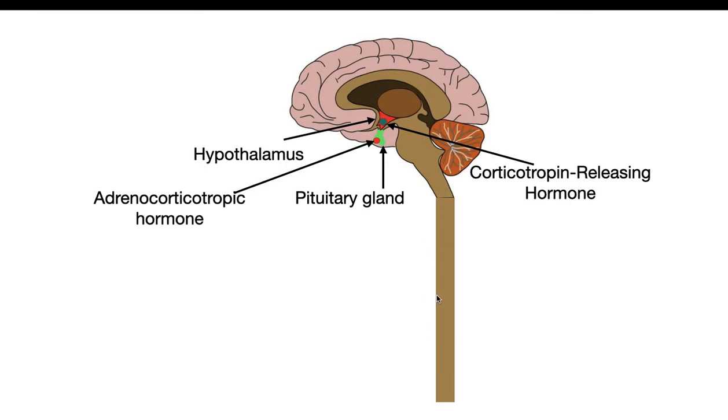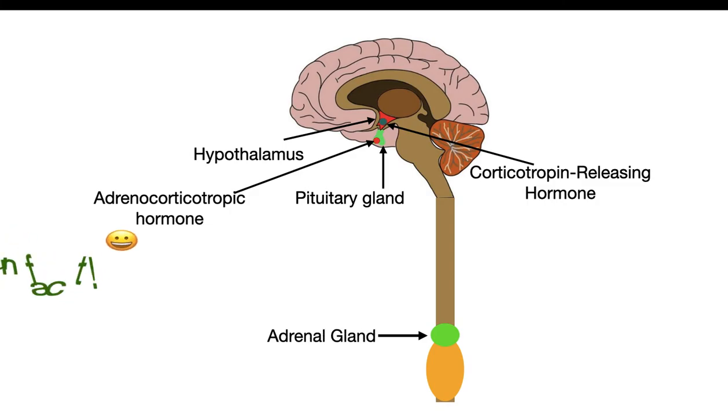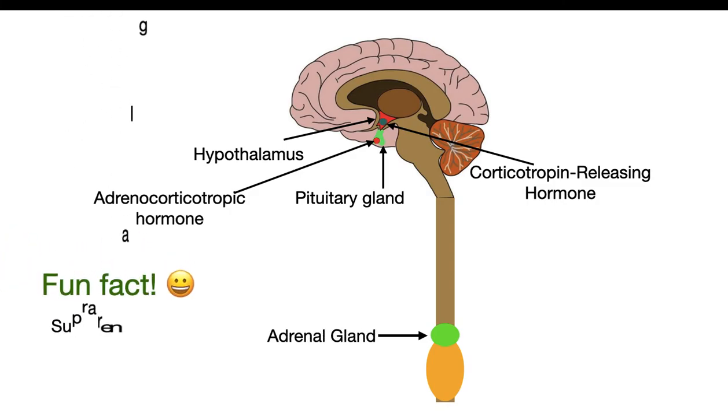And the adrenocorticotropic hormone will go straight, say this is the spinal cord, and I know it's a little short, not to scale, but just to give you the idea, and say this is the kidney, this orange thing, and this green part is the adrenal gland. The adrenocorticotropic hormone will just go straight to the adrenal gland. And just a fun fact, the adrenal gland is sometimes also called the suprarenal gland.